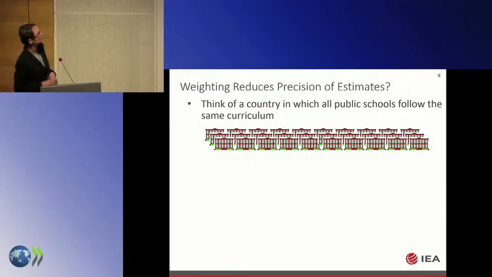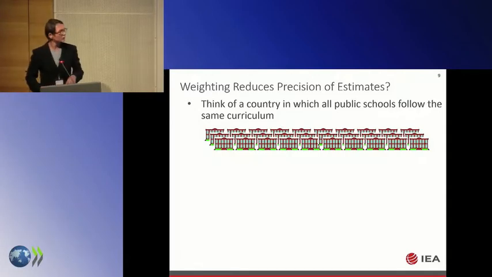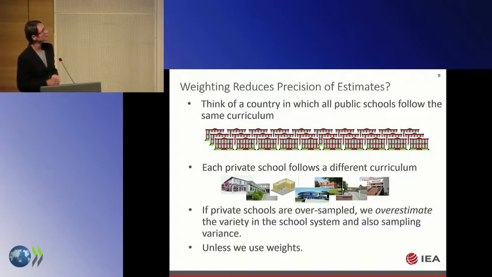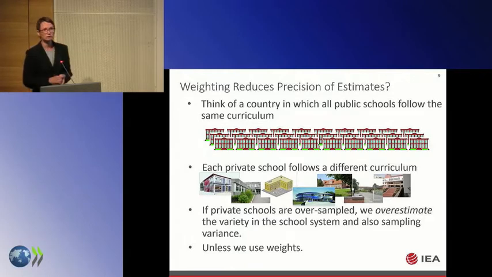The public schools all follow the same curriculum, so they are very similar. But then we have private schools that follow a different curriculum. And the country may very well want us to select a sample in a way so that they can compare the private and the public schools. So we will oversample the private schools. So perhaps we have the same proportion of private and public schools in our sample. However, in the population, perhaps there's just 10% of private schools or so.